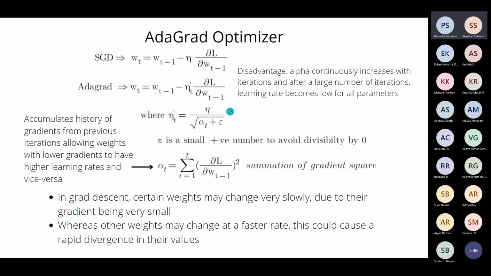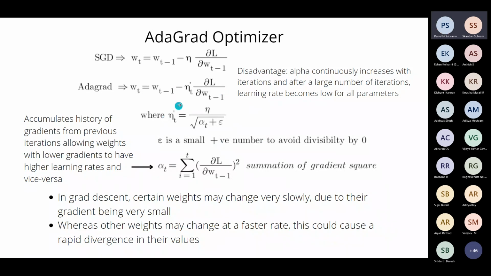There is a particular disadvantage to this. As iterations keep increasing over time, when you have a very large number of iterations, this alpha will get very large because you're continuously adding positive numbers to it, and the learning rate will decrease.